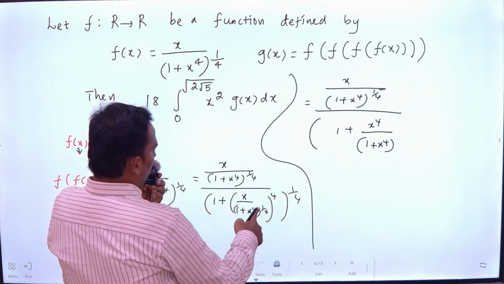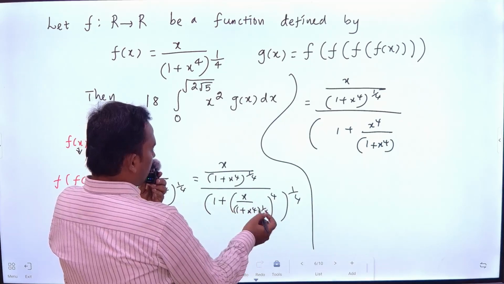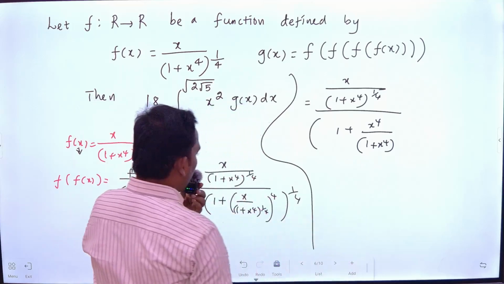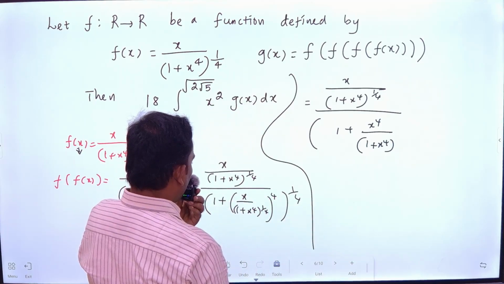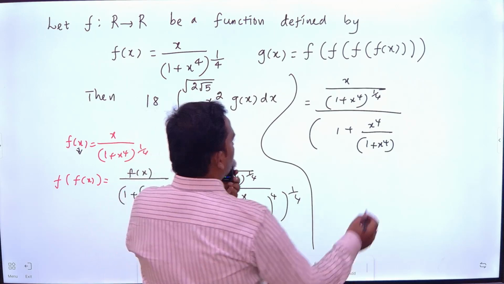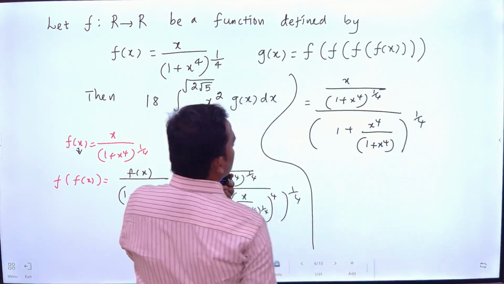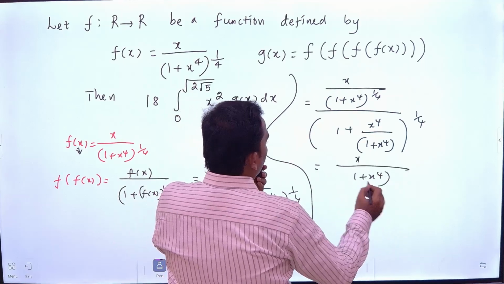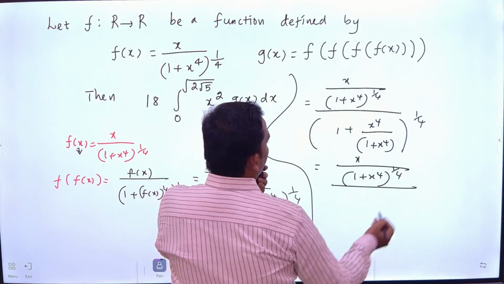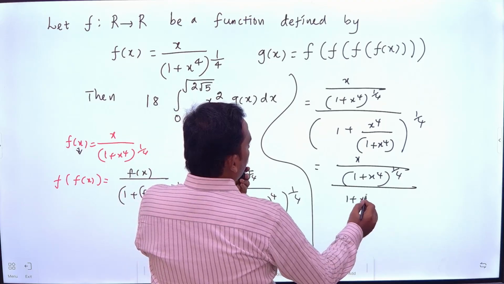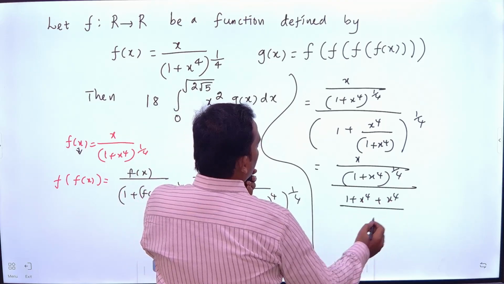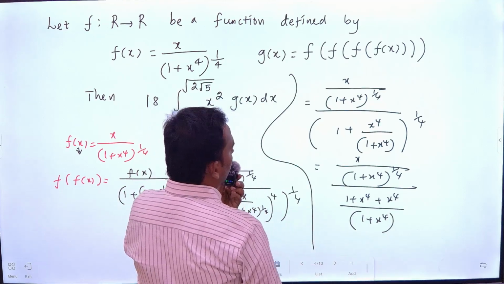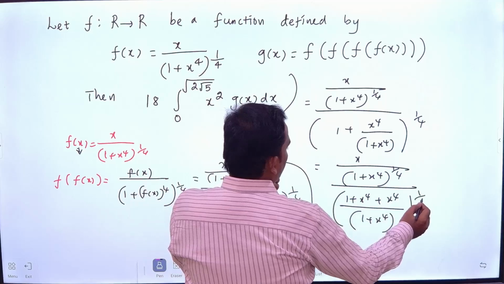The power 1 by 4 into 4 cancels, leaving 1 plus x to the power 4, whole power 1 by 4. Now take the LCM: 1 plus x to the power 4 plus x to the power 4, divided by 1 plus x to the power 4, whole power 1 by 4. Clear?